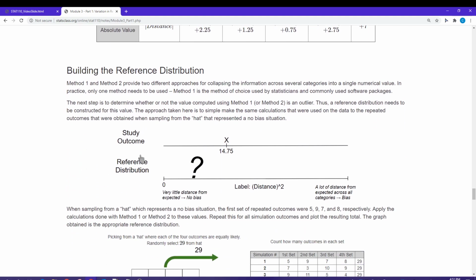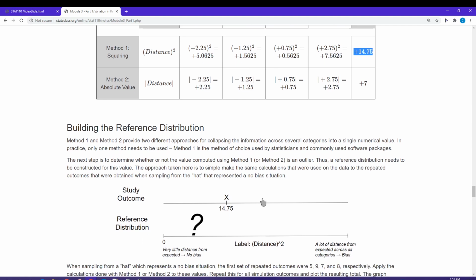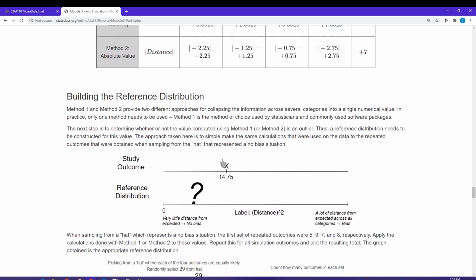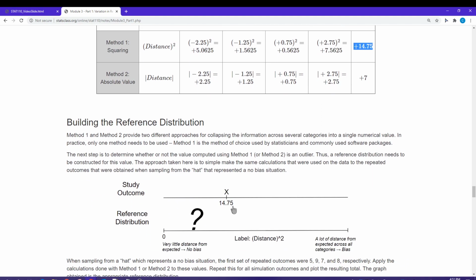Okay, so how do I decide whether or not that quantity, the 14.75, is an outlier? Now this is my study outcome. It's actually a condensed value. It involves using a formula, and that formula is computing those distances squared and then adding them all up. So this acts as my data value, as what we were using back in Module 2.